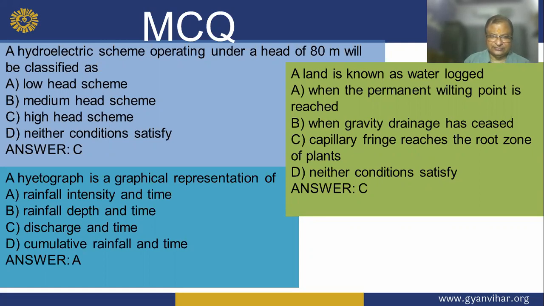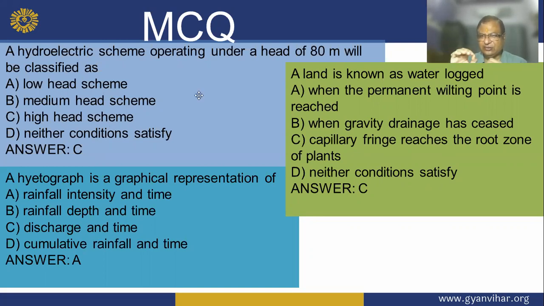And a hyetograph is a graphical representation of, then what will we say? Answer is A, rainfall intensity and time.